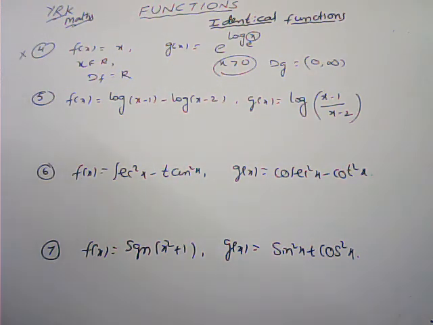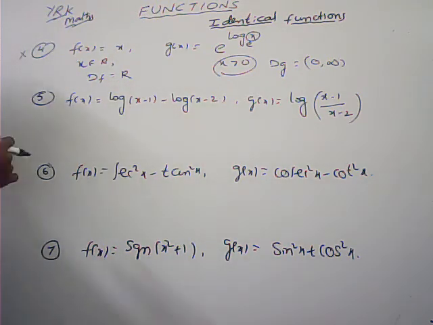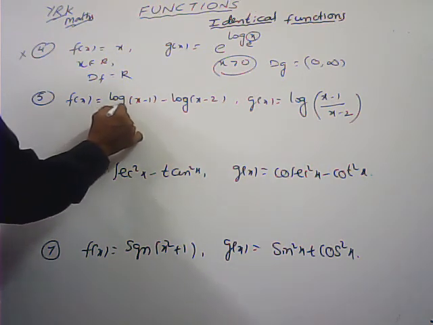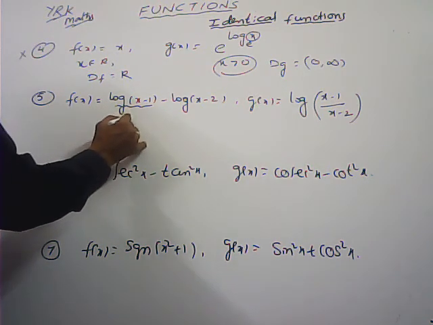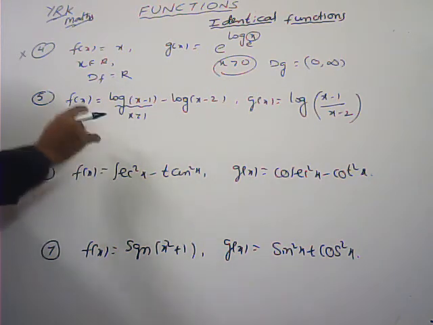And the next, the fifth one. By observing both the functions, we may get confused. Suddenly we can say both are identical also. But by observing the domains of both the functions, and the range also, then only we can decide. Now what is the domain of this function? This one exists for only x more than 1, x minus 1 more than 0.